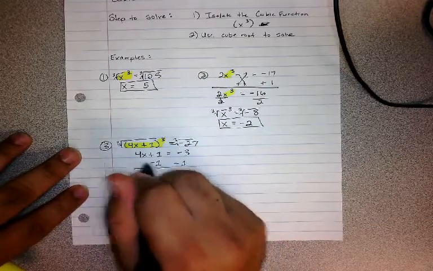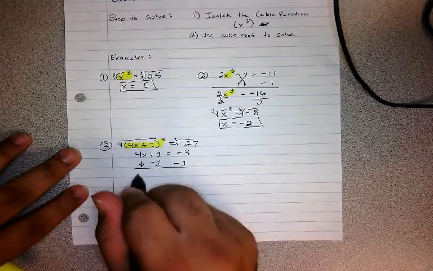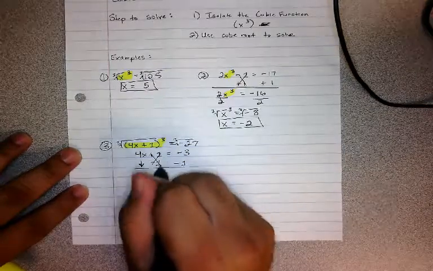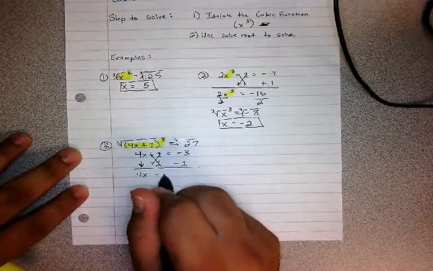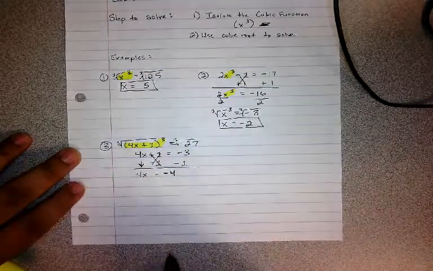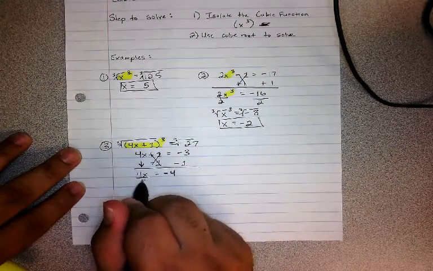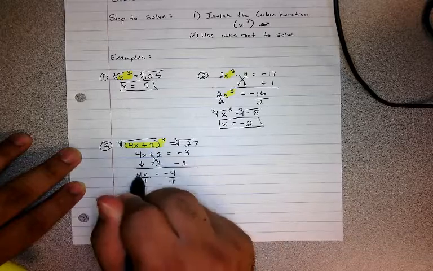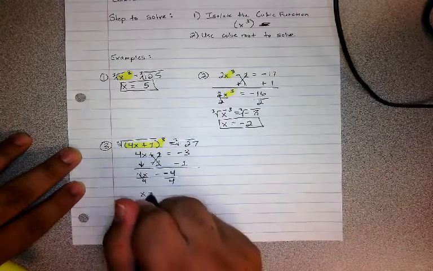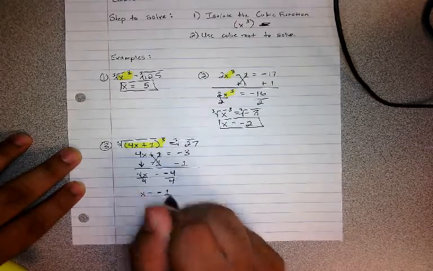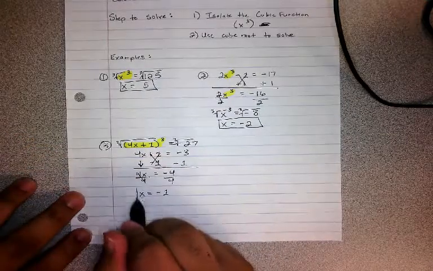This drops down, so you're left with 4x equals negative 4. To get the x by itself, divided by 4, you get x equals negative 1. That would be your answer for number 3.